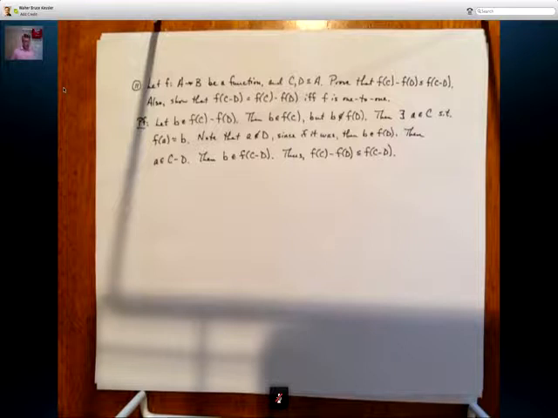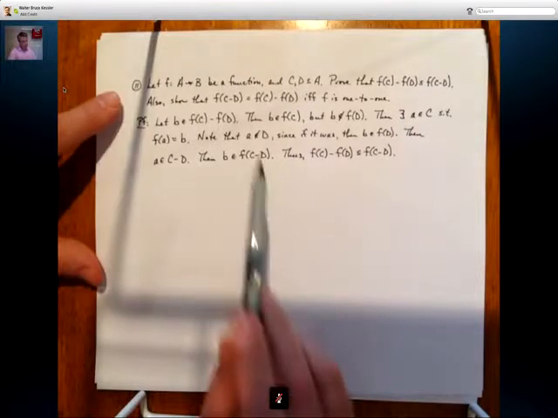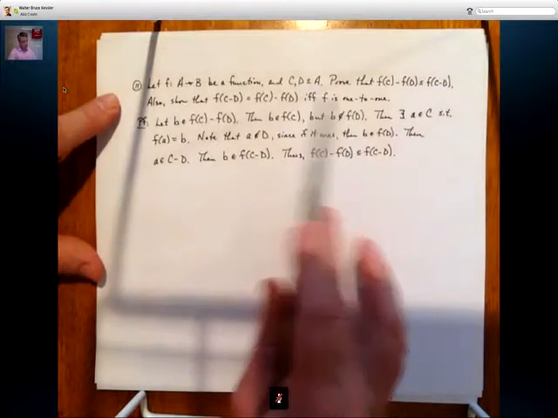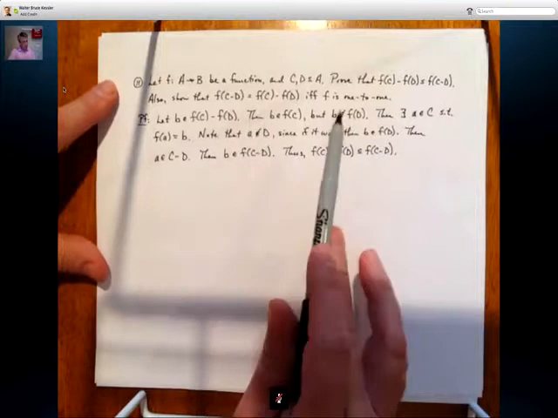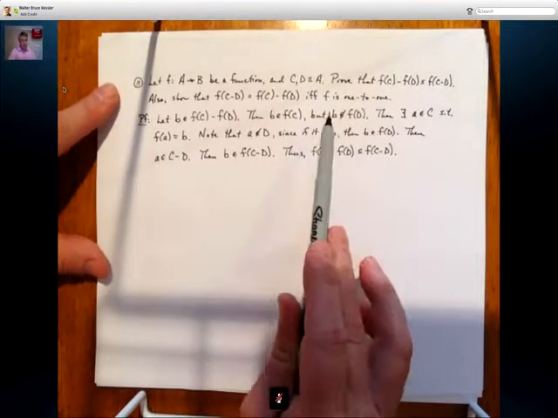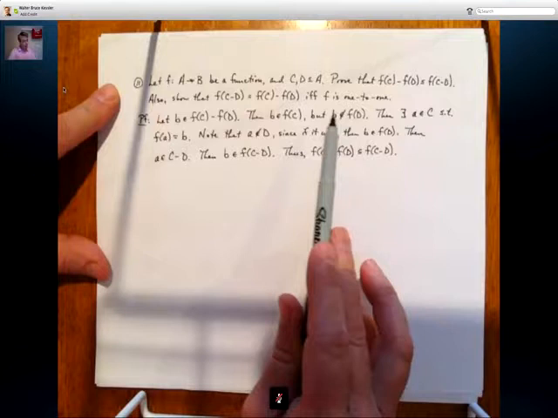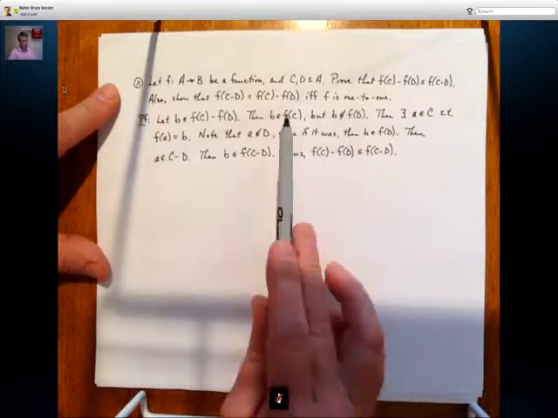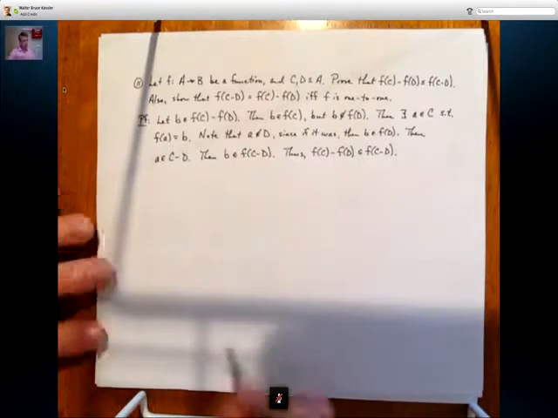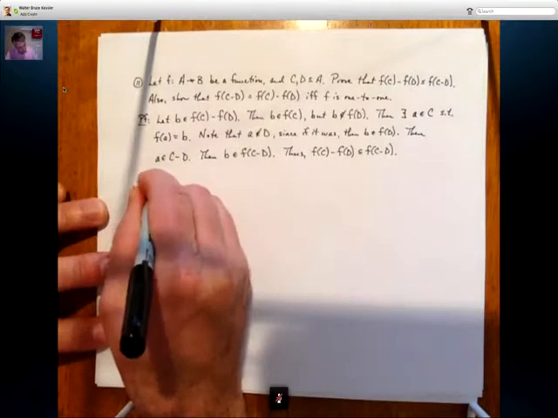Now, to show the rest of this, we could completely start over and assume this and prove that, and assume this and prove that. We've got part of that for free. I think what I'd like to do, just to minimize my steps, is say, okay, now let's say it's 1 to 1, and see if we can get the other direction.